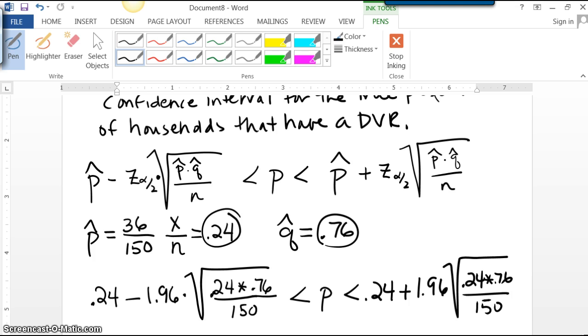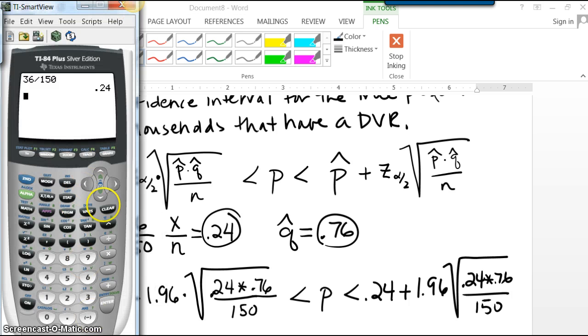Going to enter it into the calculator. I'm doing the left side first. I'm getting about 0.17, so left side is about 17%.